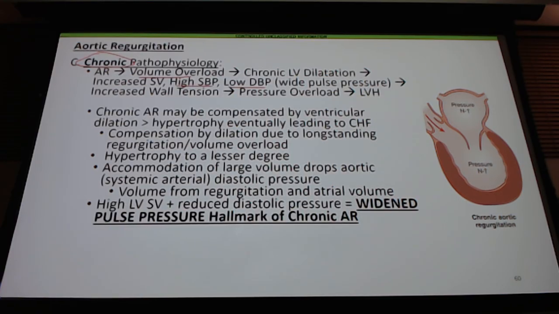But then the heart has to respond to all that extra volume, so it generates an even more powerful squeeze, which increases the systolic blood pressure. So you have this widening of your systolic and diastolic pressures, which leads to a widened pulse pressure, a hallmark of chronic aortic regurg. A difference between systolic and diastolic greater than 40 is concerning for aortic regurgitation.